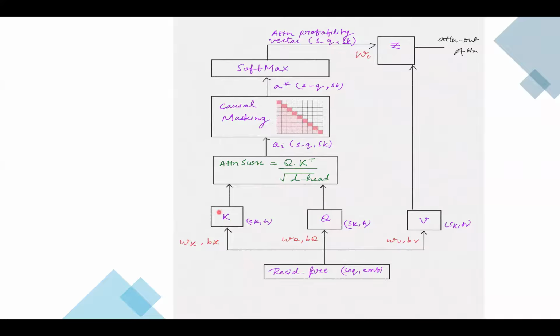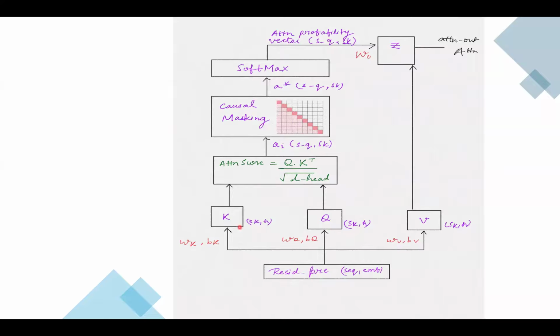Key, as the story goes, would represent a response signal or a feedback signal from another token position to a particular query position, whether they have the relevant information or not. And the value is the actual information which the person at the query position wanted.